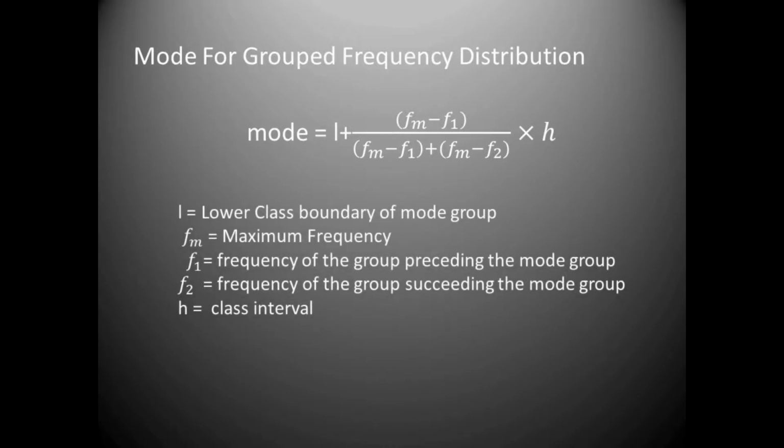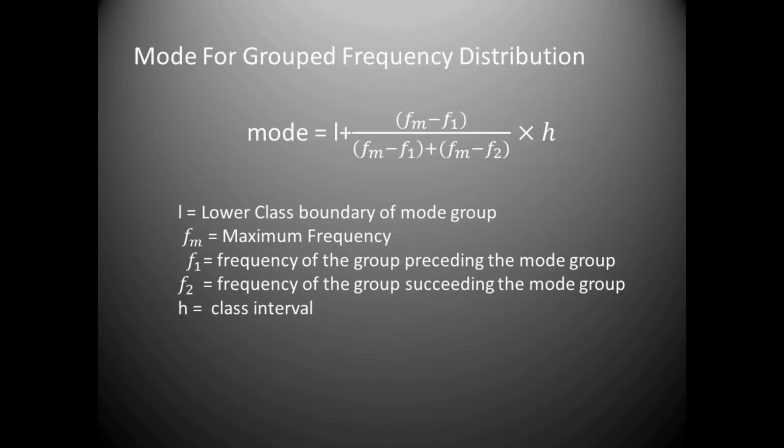Now, L is equal to the lower class boundary of the mode group, Fm denotes the maximum frequency, F1 is equal to the frequency of the group preceding the mode group, meaning the upper frequency of the maximum frequency is F1, and the lower frequency of the maximum frequency is called F2. As you can see, F2 is equal to the frequency of the group succeeding the mode group, and h is as usual the class interval.